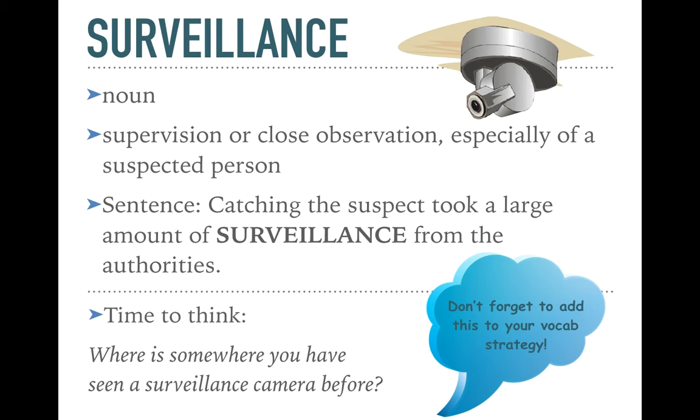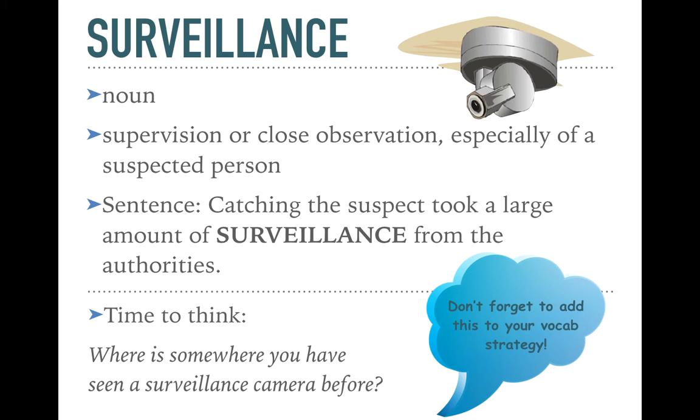And you've probably heard this word being used in reference to a surveillance camera. So you could think of somewhere that you've seen a surveillance camera before. The sentence in the book reads, as soon as a candidate for the President of the United States is nominated, he or she is immediately placed under Secret Service surveillance. There's people watching them and protecting them very closely.